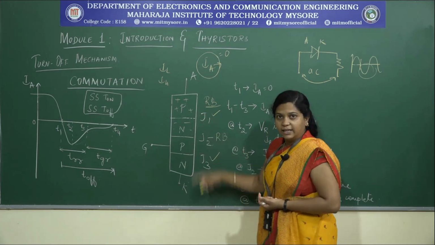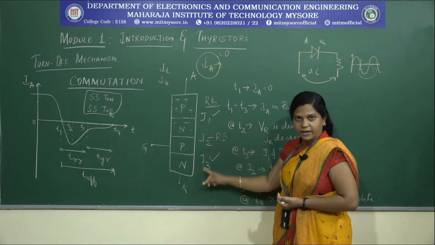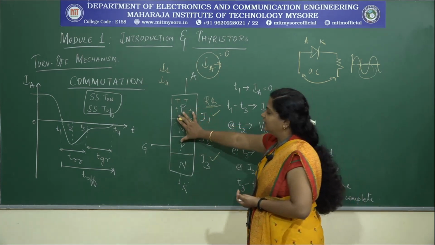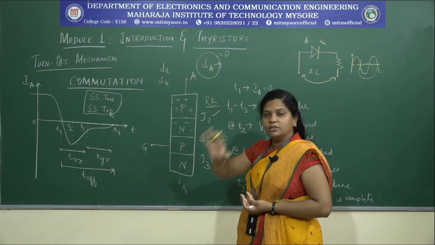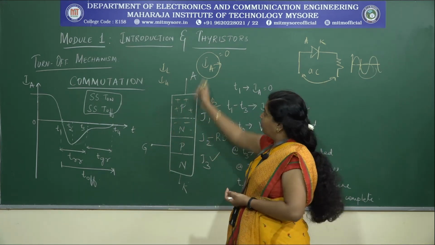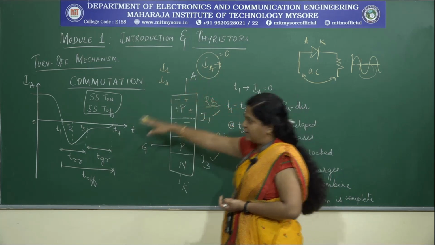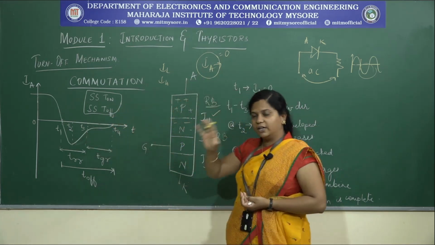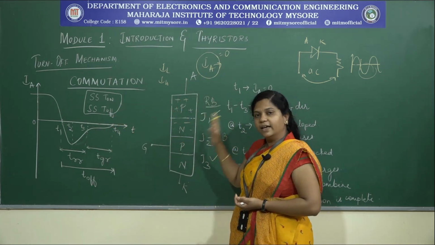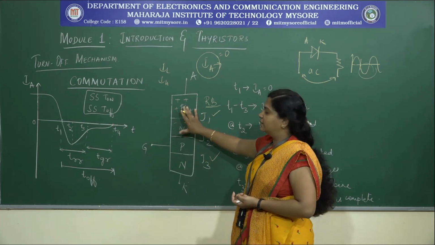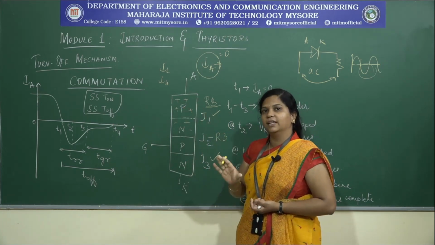Only when all 3 junctions are in their reverse bias condition will the voltage also reduce, and the current has already been reduced here. So, similarly the voltage also drops, and hence we can say that the thyristor is completely in its off state.